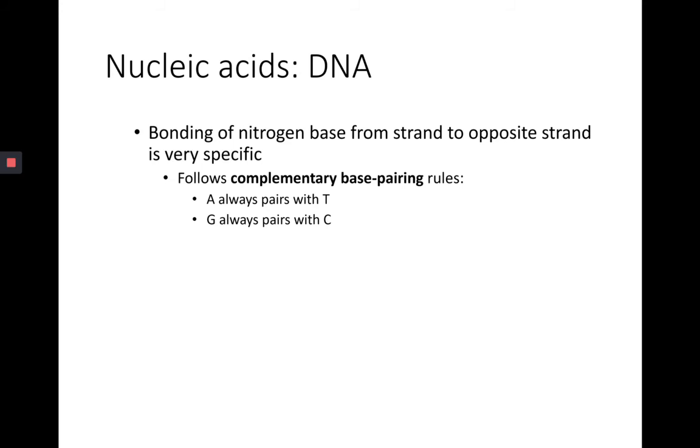In the double helix, the adenine base of one strand always pairs with the thymine base of another strand. And then cytosine of one strand always pairs with the guanine of the other strand, and vice versa. So A always pairs with T, and G always pairs with C, because the bonding of the nitrogen bases, which will form the rungs of the DNA ladder, are very specific in how they pair together.